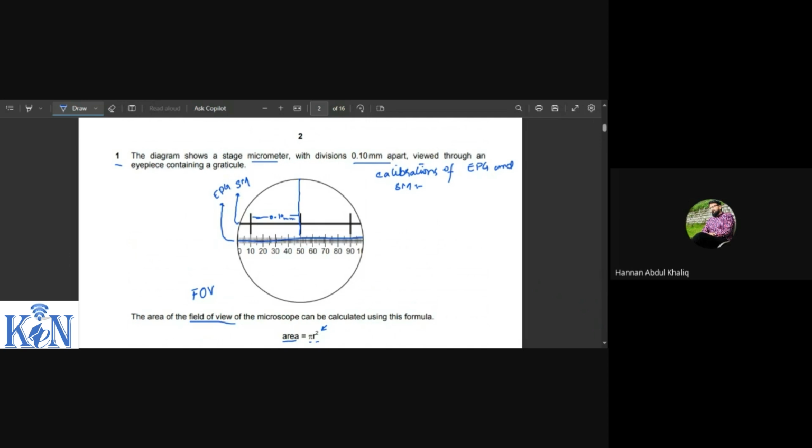So we are not going to consider the coinciding of 90 with this scale, because we don't need to coincide them. We need to coincide only the values which are exactly at the point of the radius.